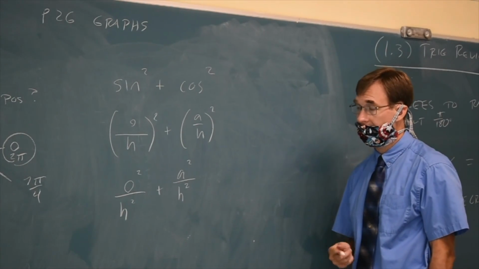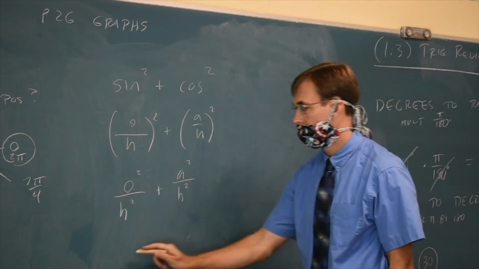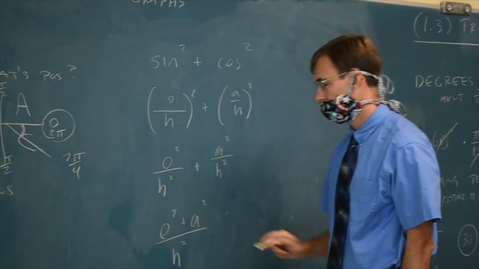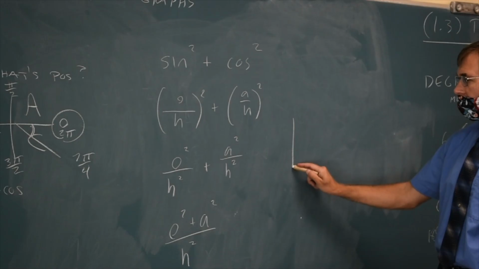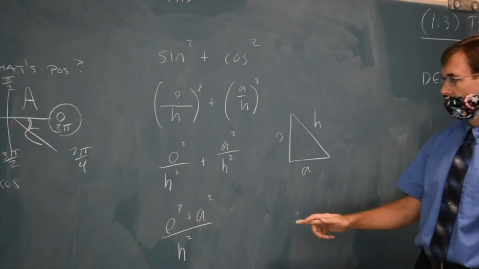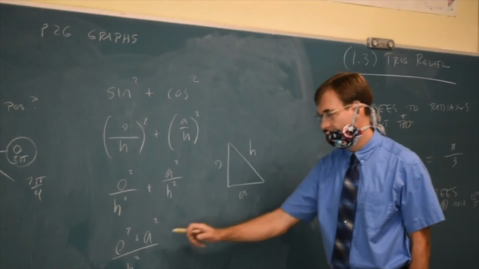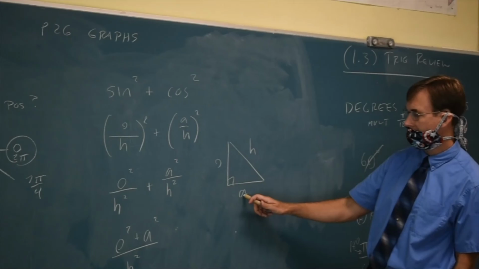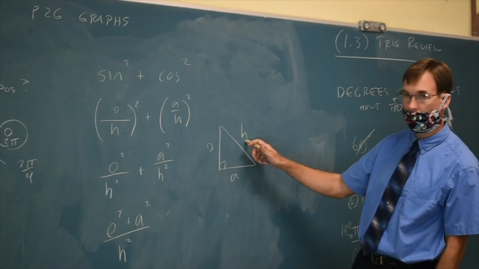If I want to add those, I can, because I have a common denominator. And then if I think about the reality of the situation, O squared plus A squared has to make what?